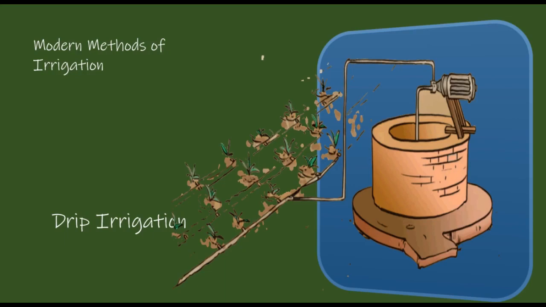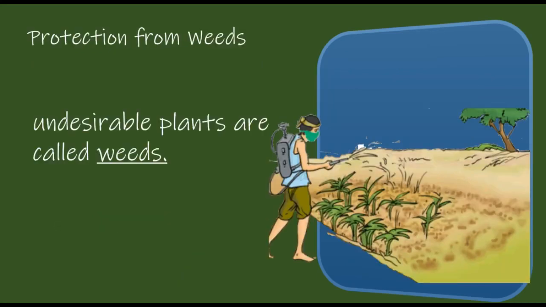And next we have seen the protection from weeds, right? And what are weeds? Weeds are unwanted plants, and they trouble the actual plants which are planted. So they are to be removed, either manually or by using chemicals.